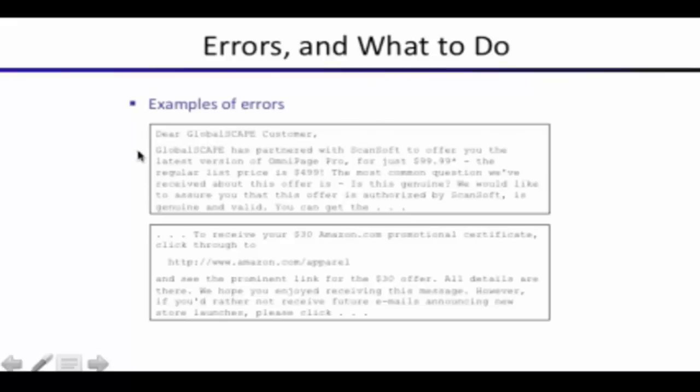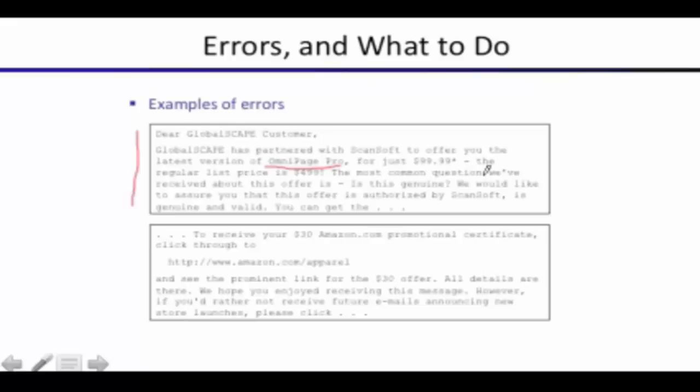So let's suppose this is quite plausibly a ham message. Maybe you are a GlobalScape customer, and you really want to know if you can get OmniPage Pro for just $99.99, because the regular list price is $499.